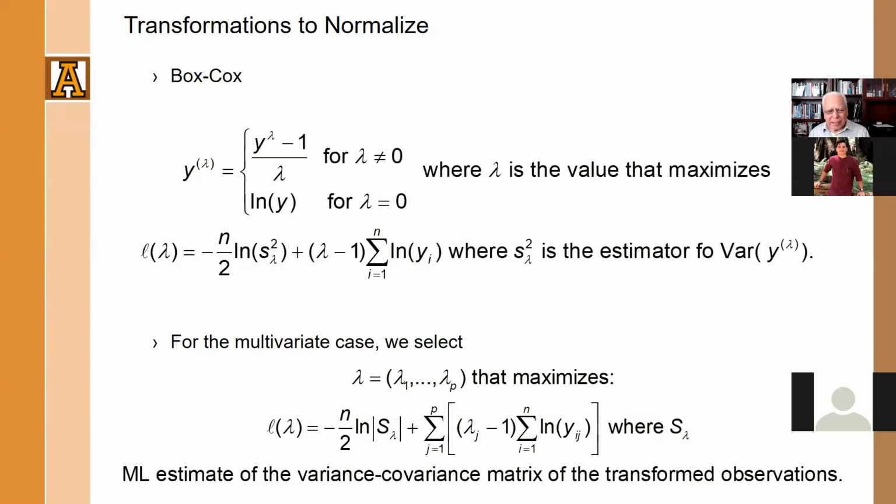And so in the multivariate case, the vector of lambdas that we are seeking is a vector that maximizes the log likelihood of our different distributions for y1, y2, up to yp, for the p variables that we have. So here S sub L is the variance covariance matrix of the transformed observations.